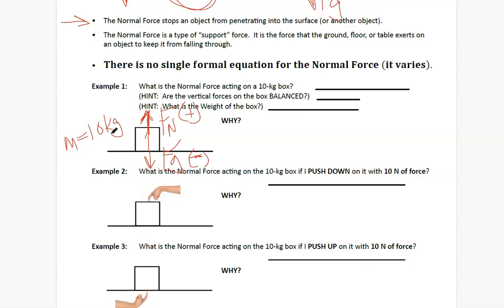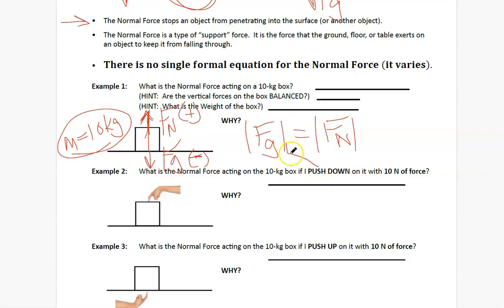And therefore, we know the weight force must be equal to the normal force, or at least the size of the weight force, we use absolute value, equals the size of the normal force. Really, one's the negative of the other. Well, what's the weight force? Well, it's 10 kilograms times gravity, m times g.